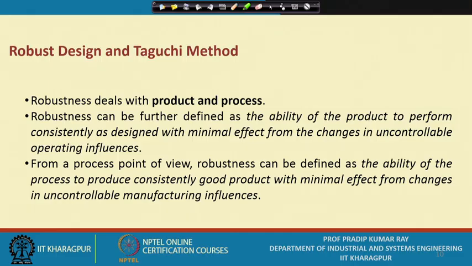From a process point of view, robustness can be defined as the ability of the process to produce consistently good product with minimum effect from changes in uncontrollable manufacturing influences. Is it okay? So this way robustness has been defined with respect to a product and with respect to a process.